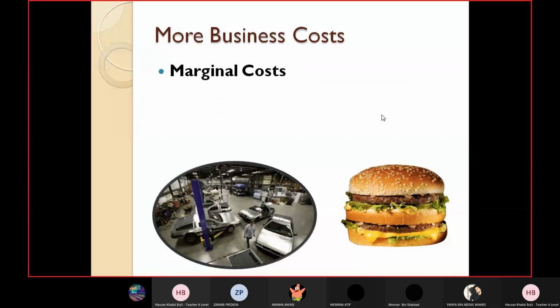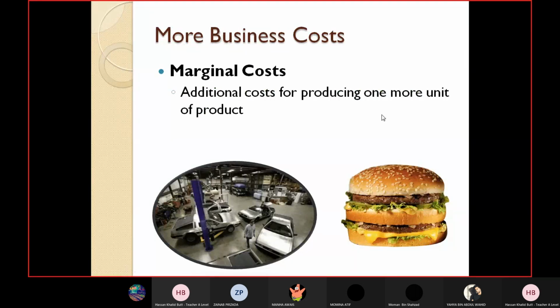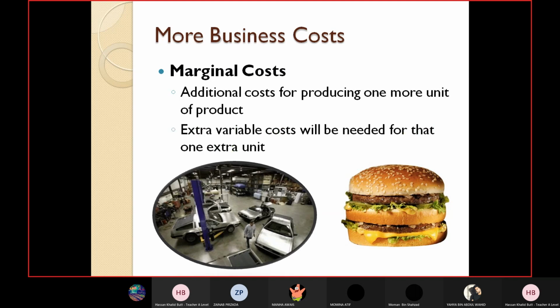Now, marginal cost is the additional cost for producing one more unit of a product. Extra variable cost will be needed for that one extra unit. So students, you know that when I talk about additional cost, the cost which will be added in the total cost, that is the marginal cost. That would be variable cost as well. Why? Because only the cost which varies with the level of output is variable cost.